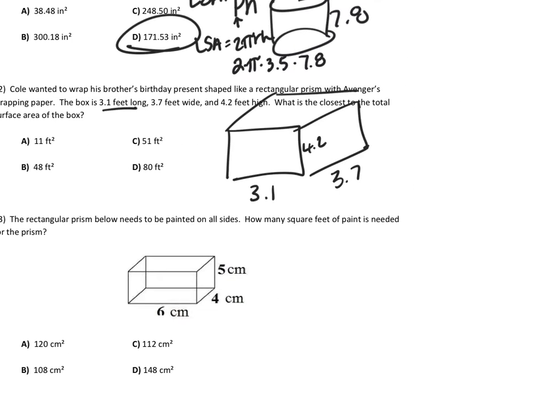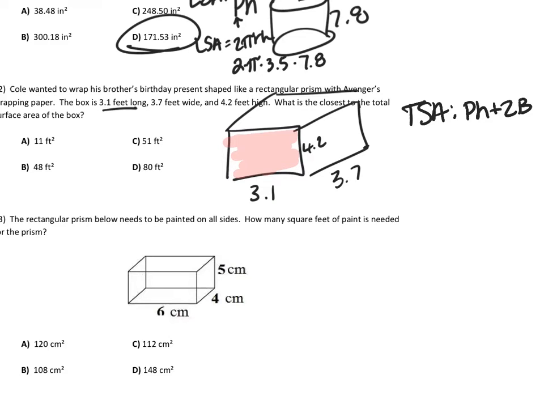Total surface area for a prism on your paper says perimeter times height plus 2B. Normally, I'd say which one's the base, but it doesn't matter which one you use as the base, okay? So today, for mine, we're going to use this as our base, because remember, total surface area on a rectangular prism should be the same.